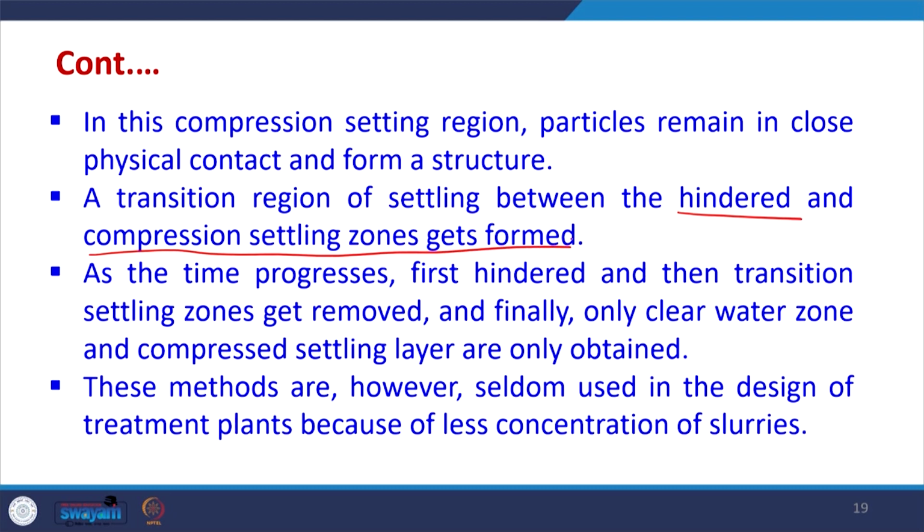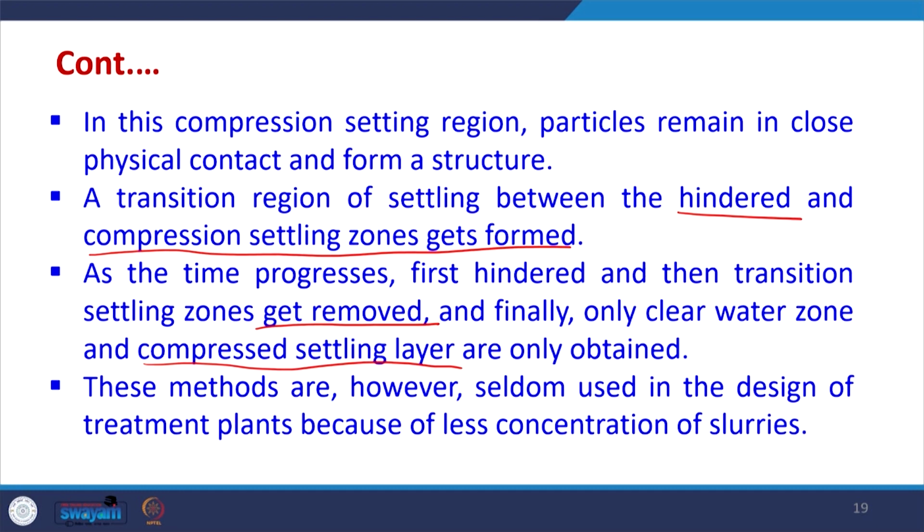As time progresses, the hindered settling zone and the transition settling zone both get removed, and finally only a clear water zone and a compressed settling layer will be there, and this layer will increase up to a certain time. After that it will again decrease.